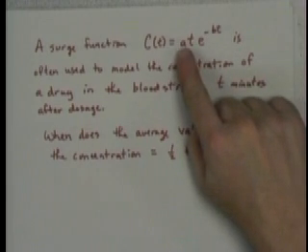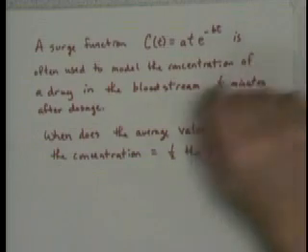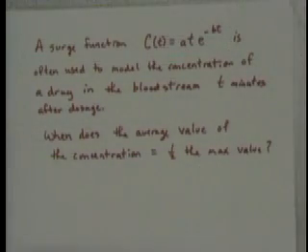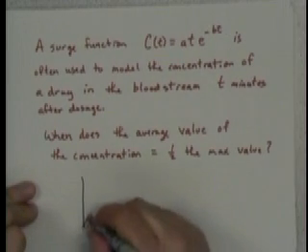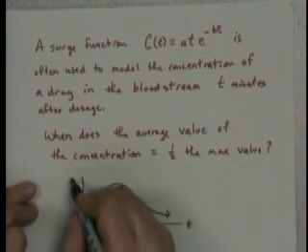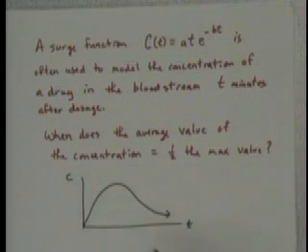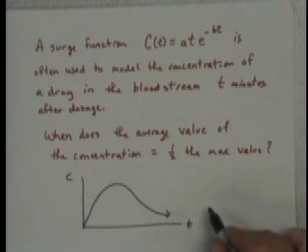So A times T, e to the minus bt. And a graph of this thing looks something like this. So it surges up to some maximum and then kind of slowly comes down.